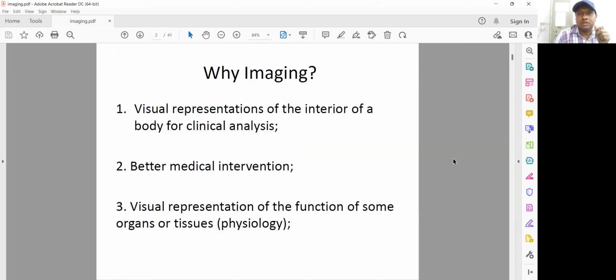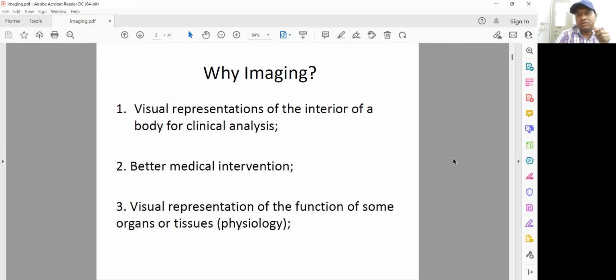Now, why imaging? It is the visual representation of the interior of the body for clinical analysis. Its importance is that physicians would otherwise try to diagnose diseases only by assumption, that there may be some tumors, or there may be some cancerous cell.